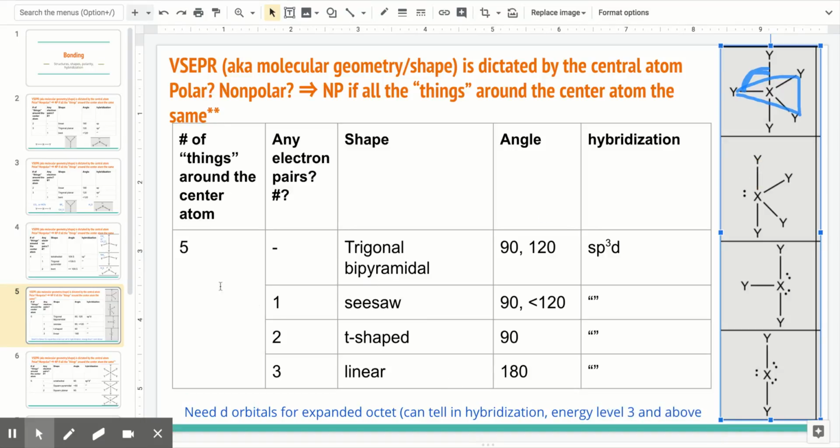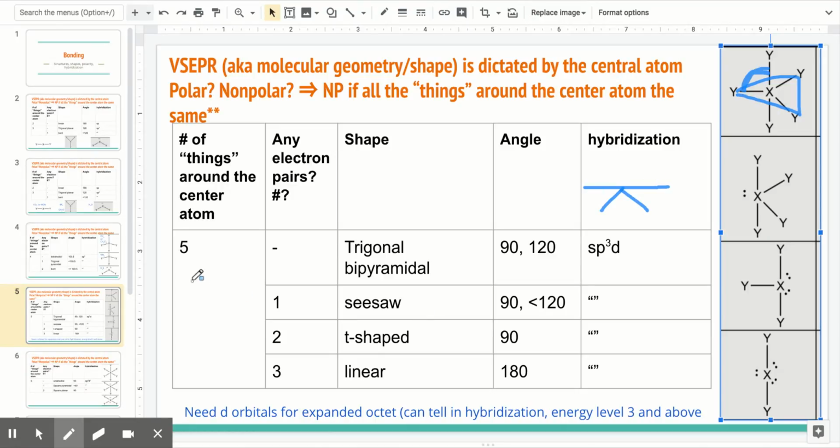Let's move on to now if there's 5, but one of them is an electron pair. If you turn this on its side, you can imagine it looks like a little seesaw. So you would have something like that. That's why it's called seesaw.